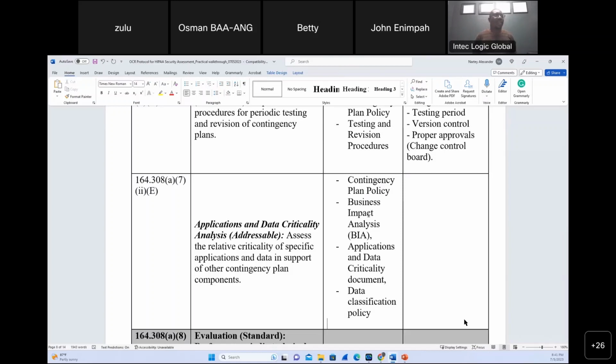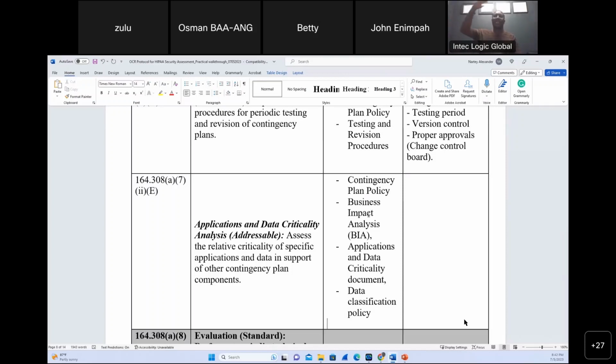Like last time I was explaining, you need to segment the applications within your organization. When you talk about any application that processes protected health information, PHI, that application will be put as a tier 1 application.